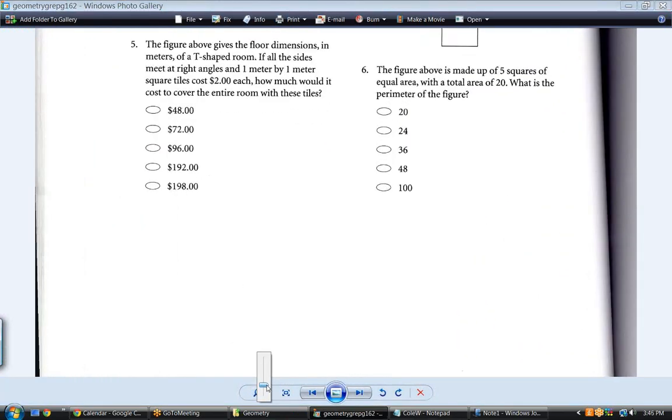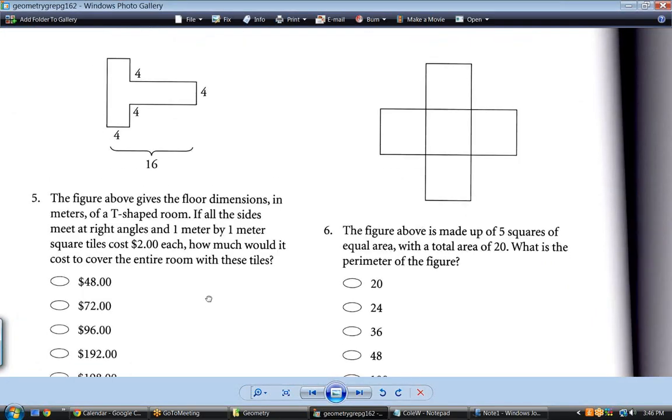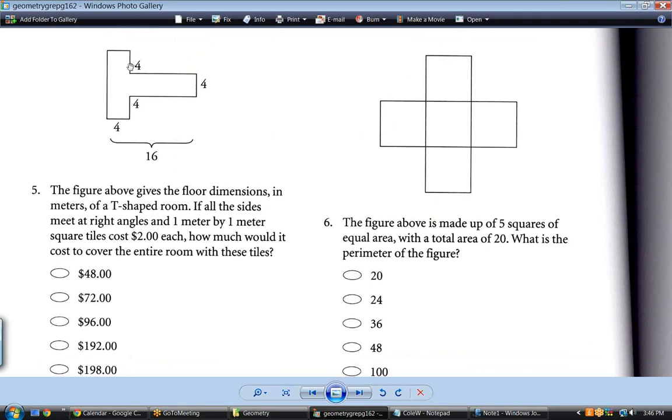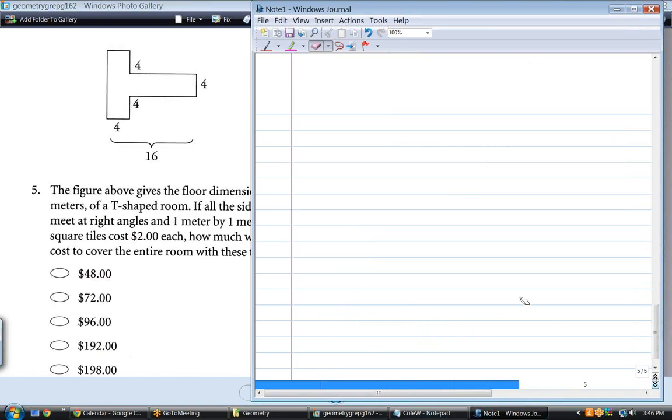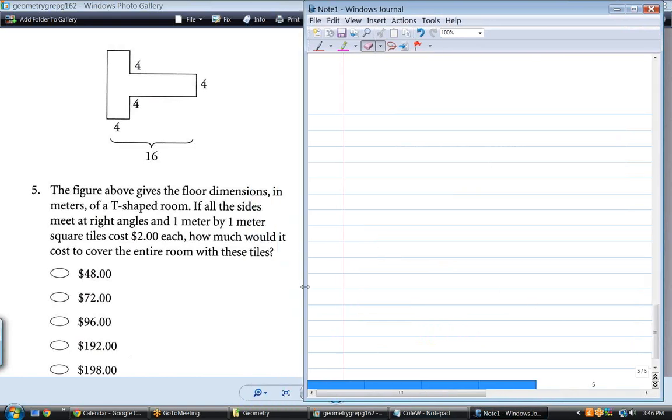This is also a polygon, but this looks like a 1, 2, 3, 4, 5, 6, 7, 8-sided polygon. So what's the first thing we need to figure out here?